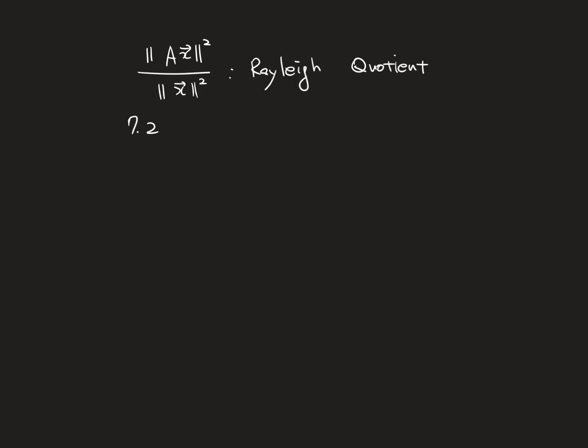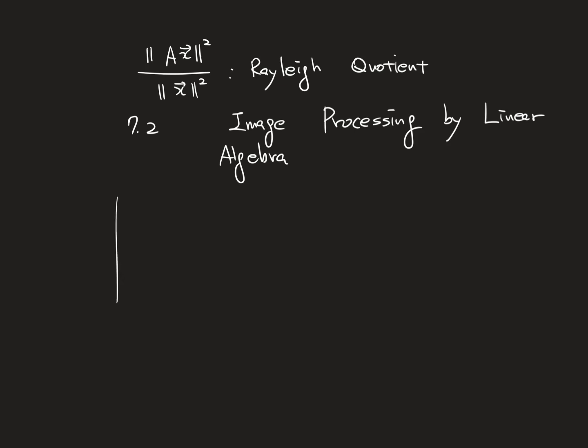Now we talk about section 7.2, the image processing problem by linear algebra. We consider an image, and we think this is just m by n pixels.